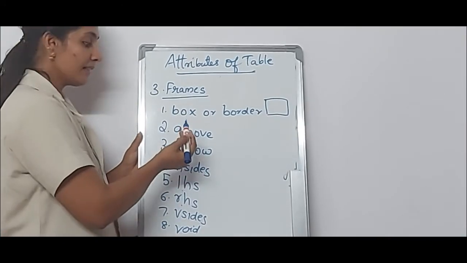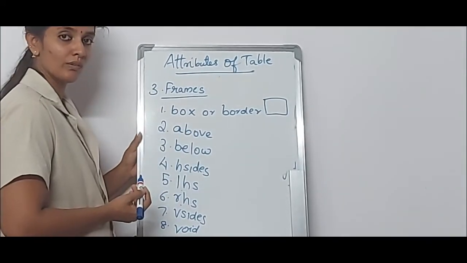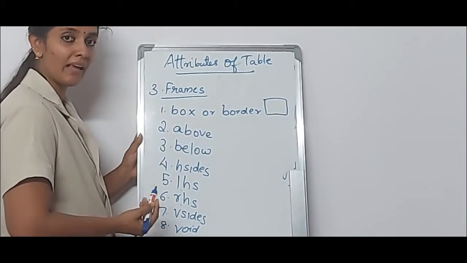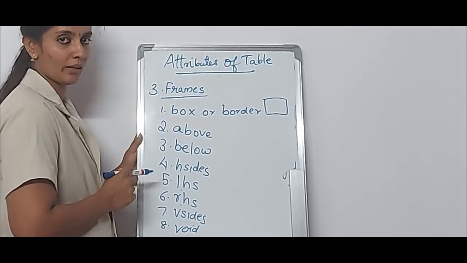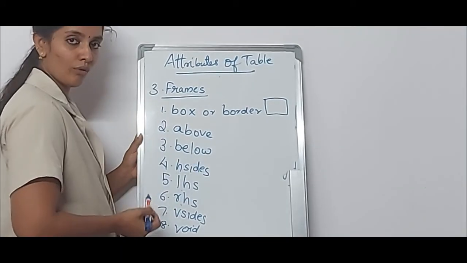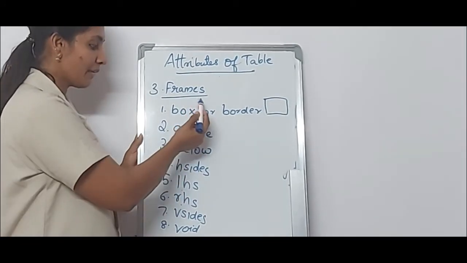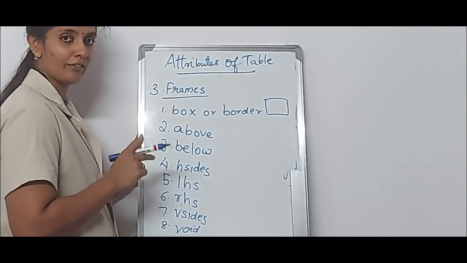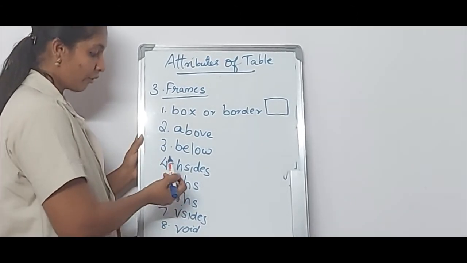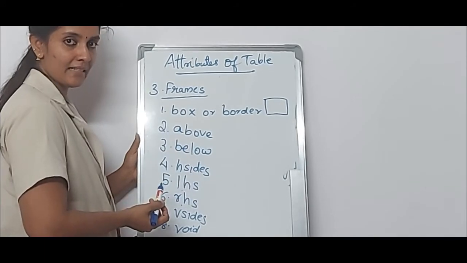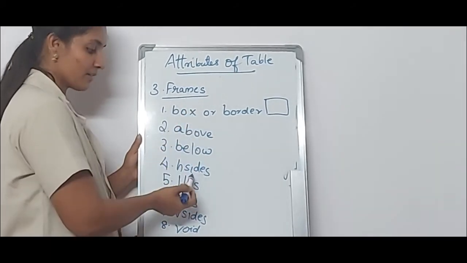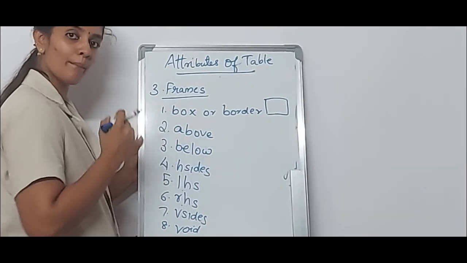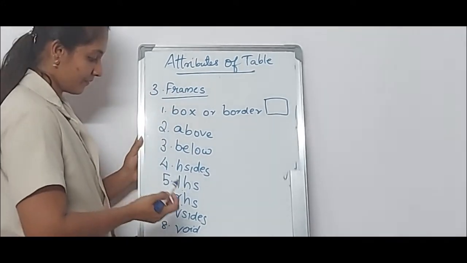Next, the above value. If I am giving the frame's value as above, it will display the top side of the border. Then below. If the value of the frame is below, it will display the bottom side of the border. Then the fourth one is hsides. If I am giving the frame's value as hsides, it will display both the top side and bottom side of the border.